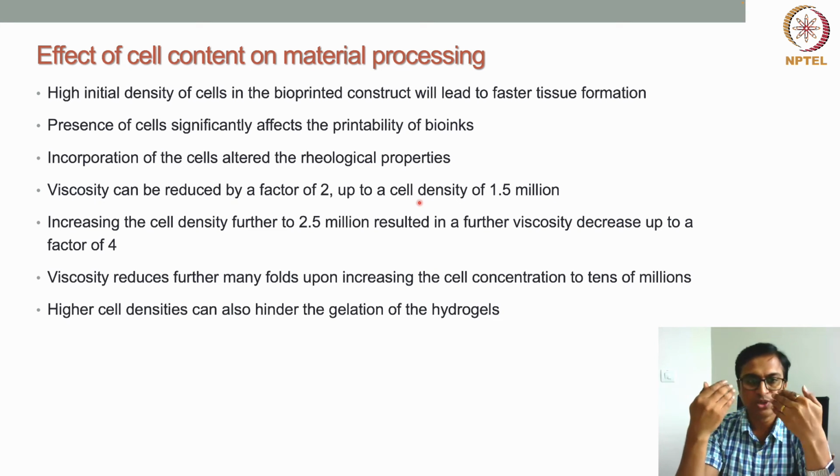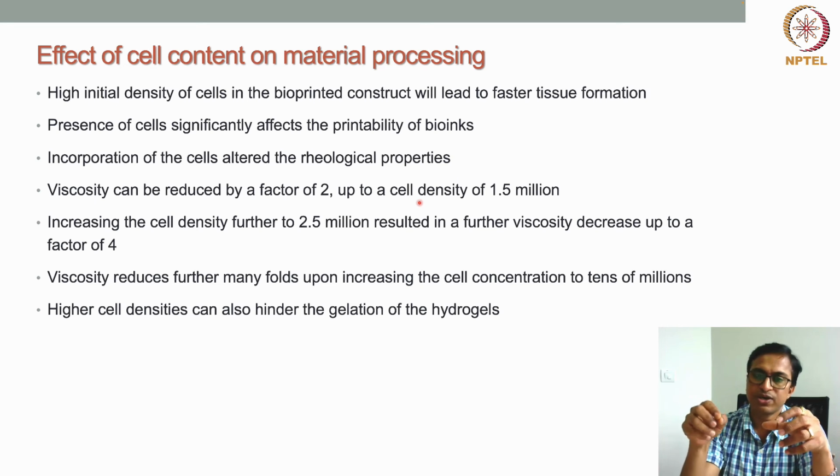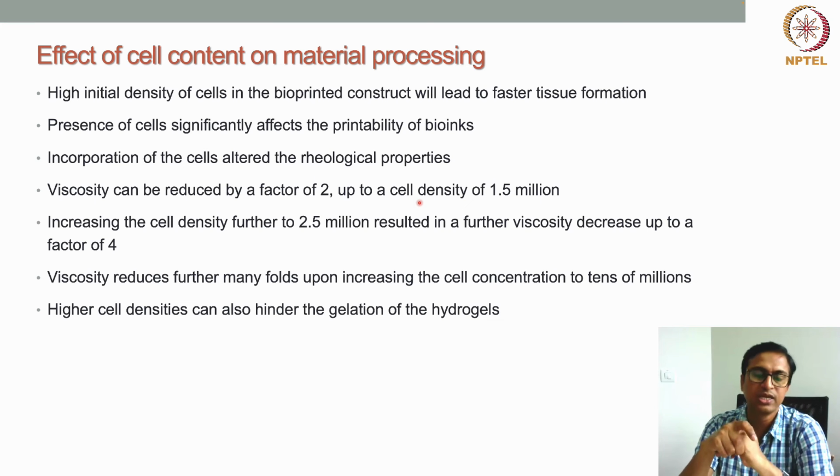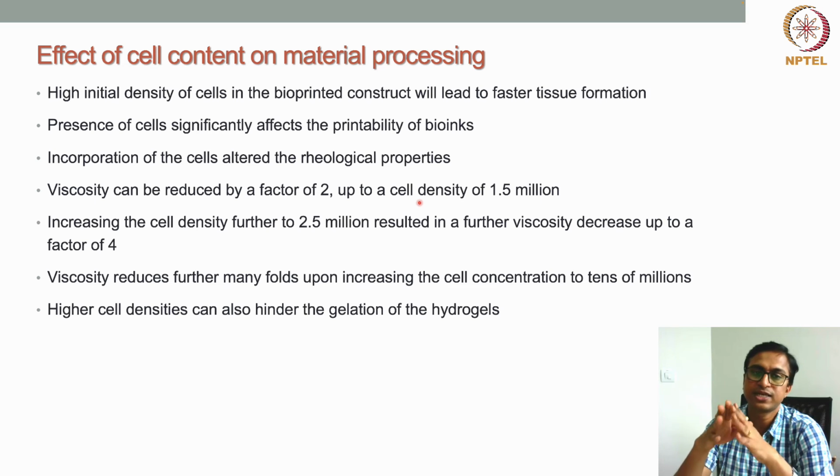When we load cells in the bioink, their inclusion can alter the rheological properties of the bioink. But many studies don't consider that cell loading can alter the rheological properties and the printability of the bioink. We need to consider the cell density, the cell number within the bioink.